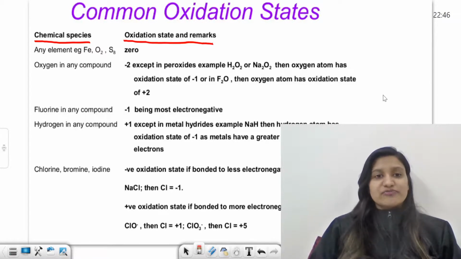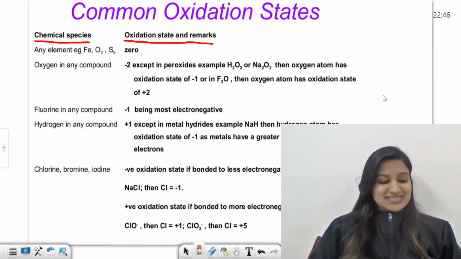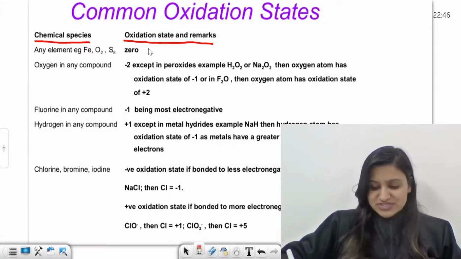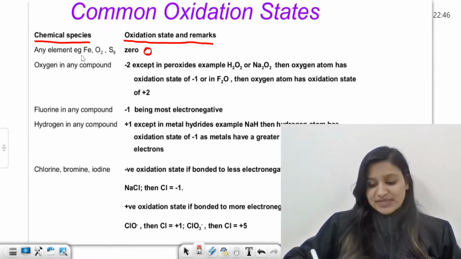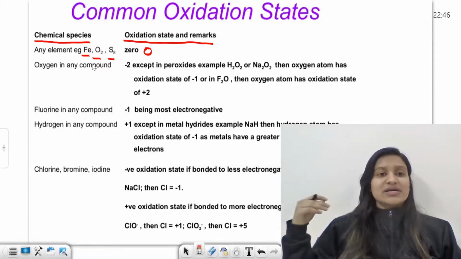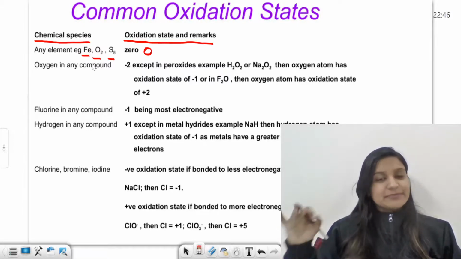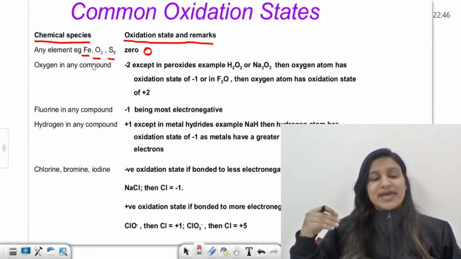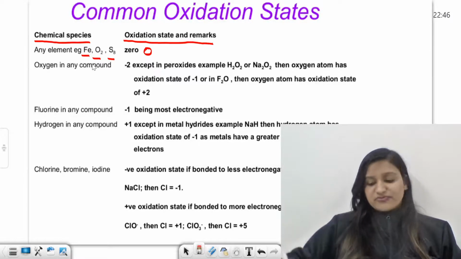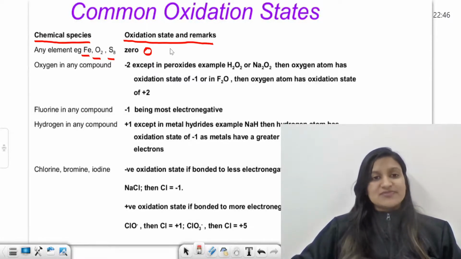Any element in the form in which it exists naturally will have oxidation state simply zero, like Fe, O2, S8, Ag, Au, that is silver and gold. Whenever an element exists in its free form, its oxidation state will be 0.